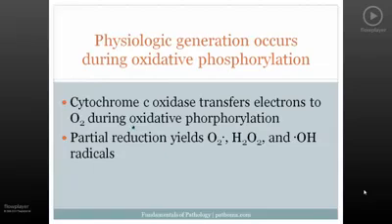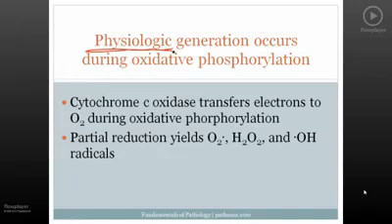Now, it's important to recognize that free radicals are actually generated physiologically and pathologically. So what do we mean by physiologically? Well, physiologic generation of free radicals occurs during oxidative phosphorylation, and of course this is part of the normal physiology of a human being, so that's why we use the term physiologic.